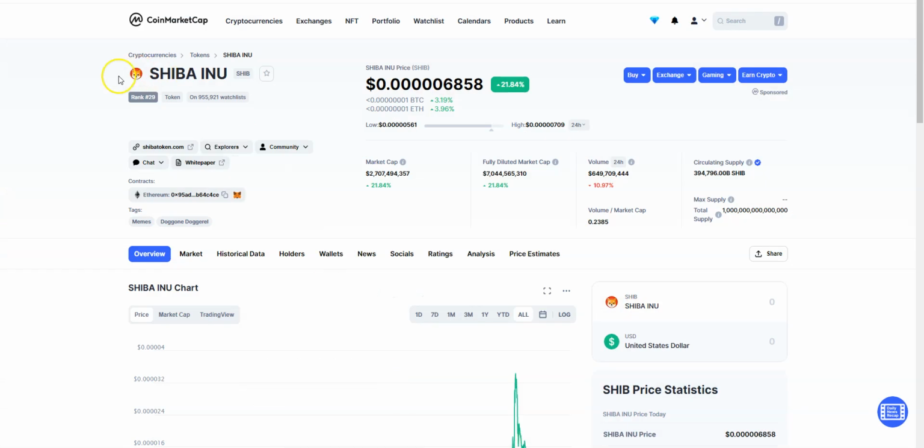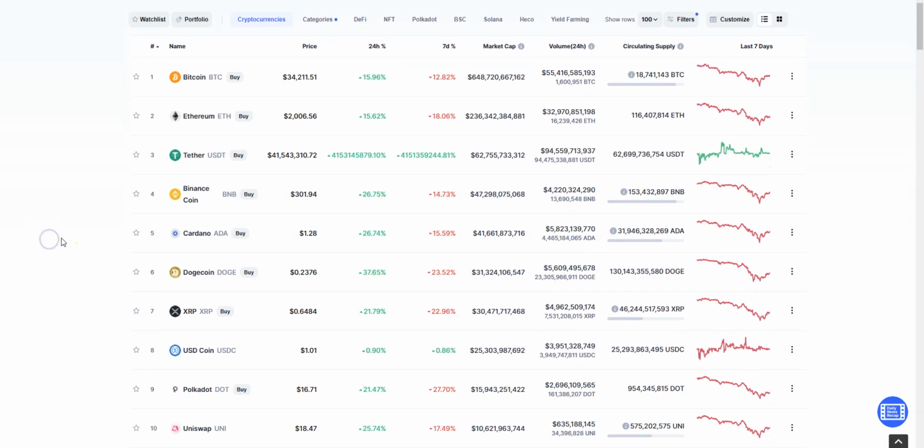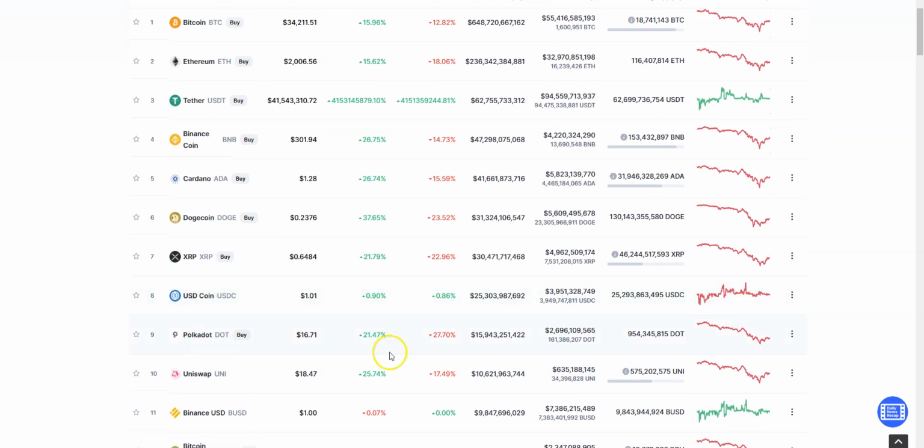So I'm just going to get some inspiration. I'm going to see other well-performing cryptocurrencies. I'll jump here and I'll say, okay, Polkadot here, it's quite a popular one. They have a current market cap of 15 billion.